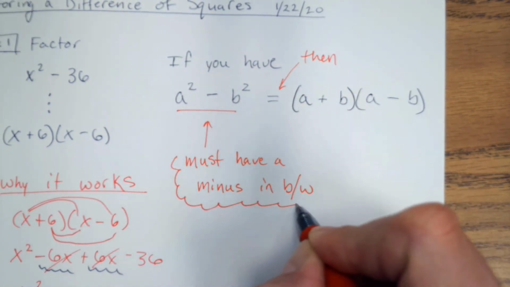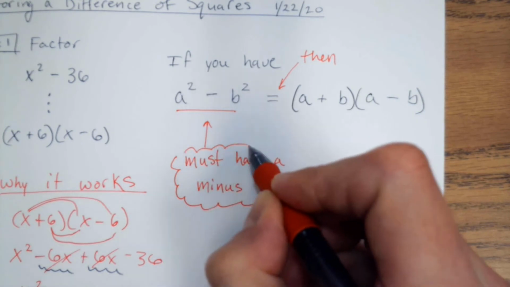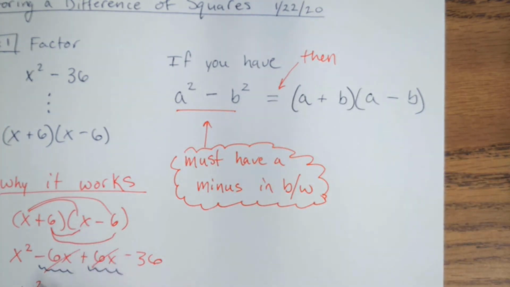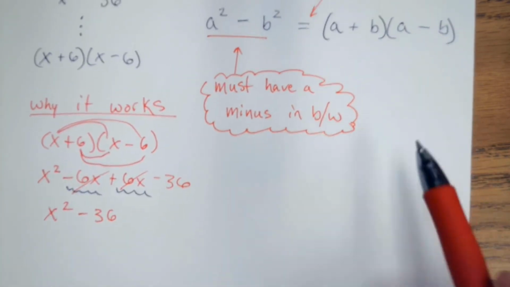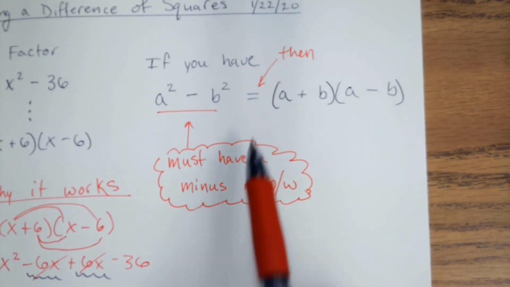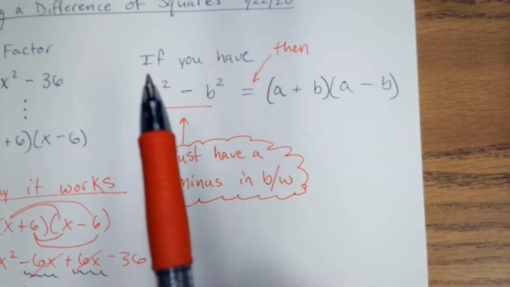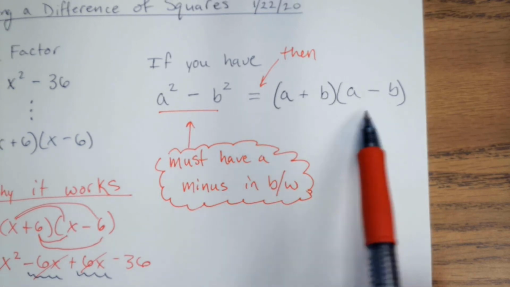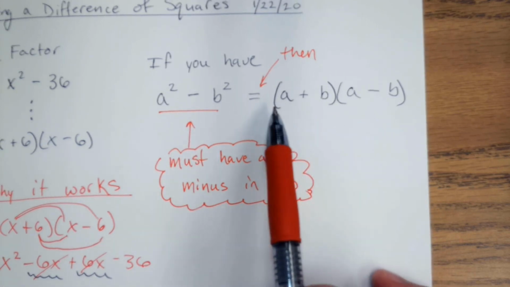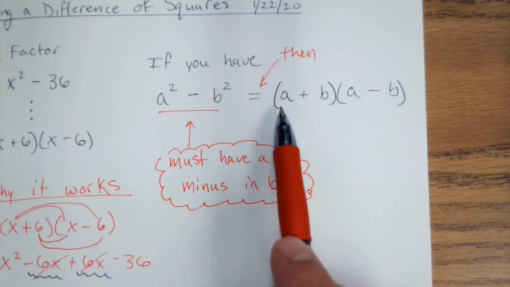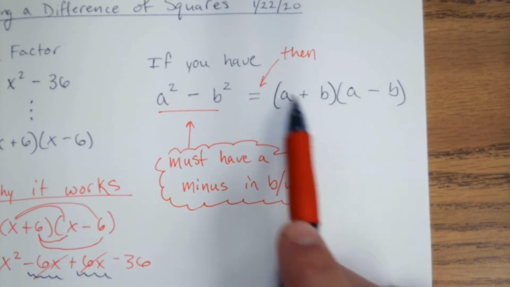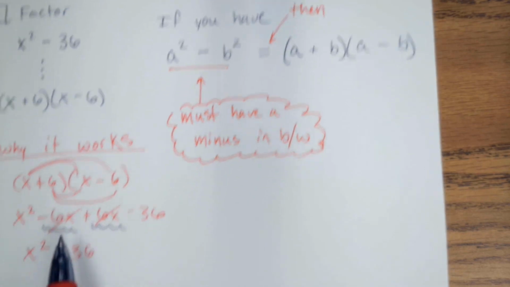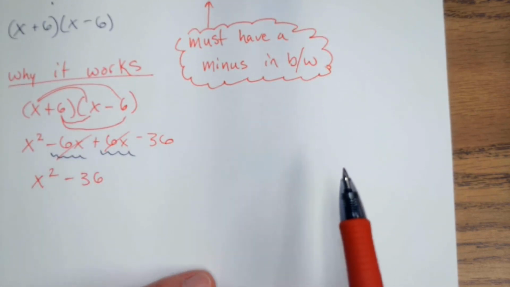If it doesn't have a minus in between, what I just showed you doesn't happen. So if you have something squared and a minus in between, then you can factor it as a difference of squares. That's just by a pattern, because if you FOIL this out, you would get this, and the middle terms would cancel out.